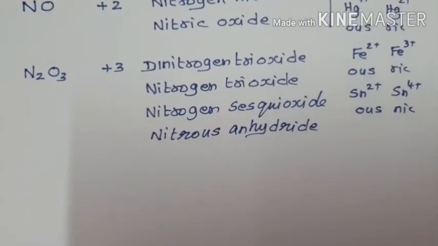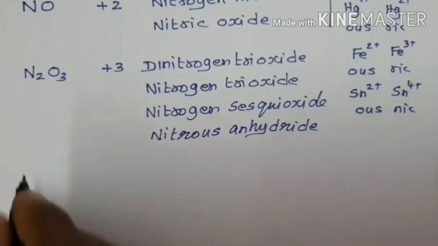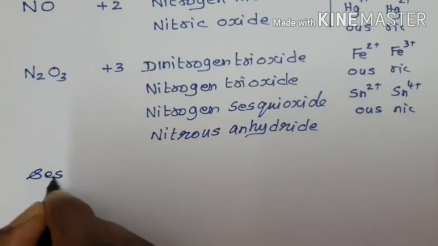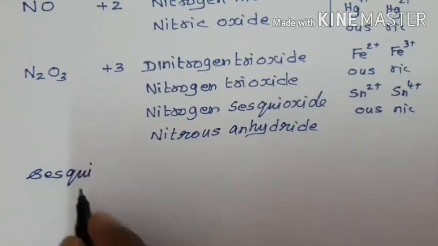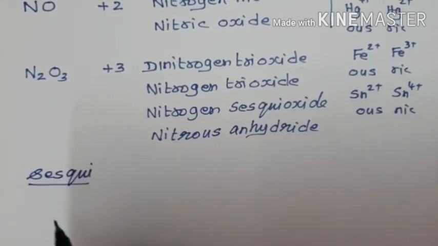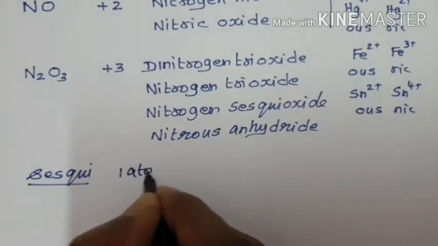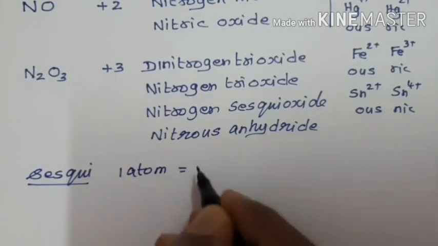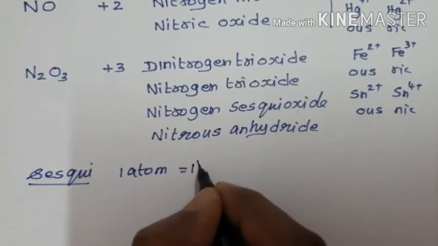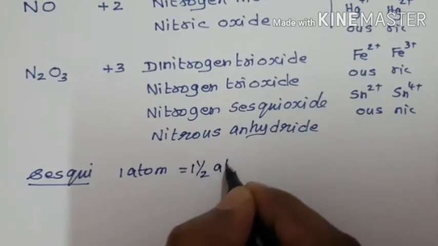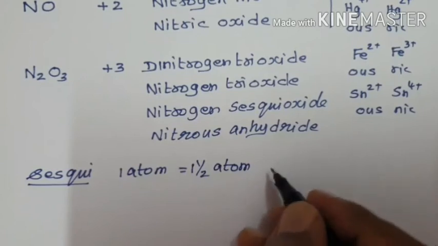What is the meaning of sesquioxide? That means one atom is combined with 1.5 atoms of oxygen.